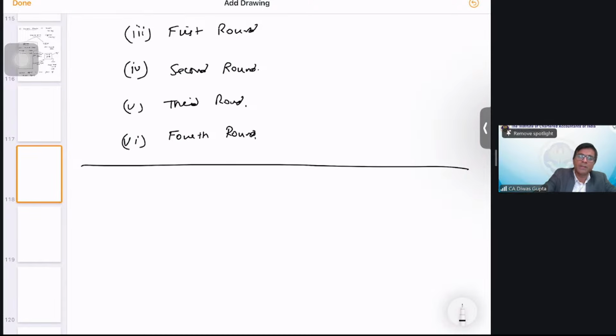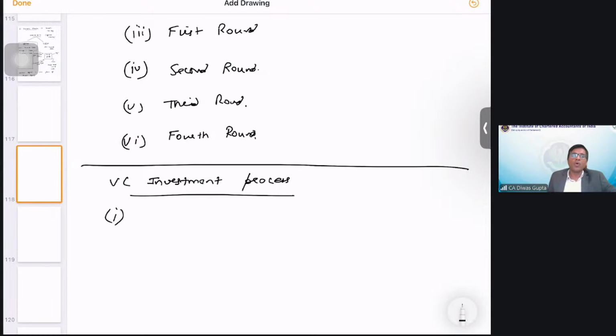Just a second. Yes, the VC investment process. We will call this the VC investment process. So what happens here?